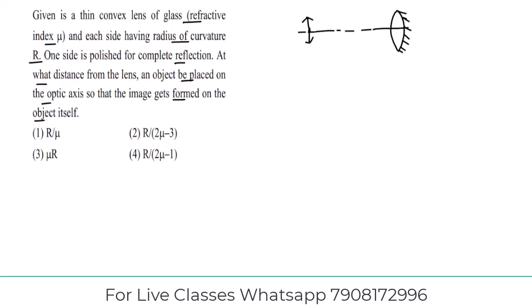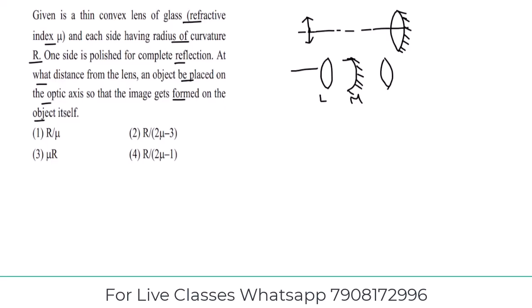Now see the combination of lens and mirror. So this basically acts as a lens and mirror system. First the ray goes to this convex lens, then it reflects from this mirror, and again it comes back to the lens.